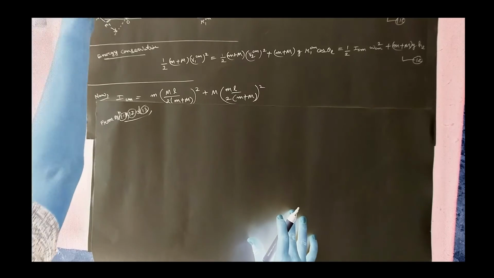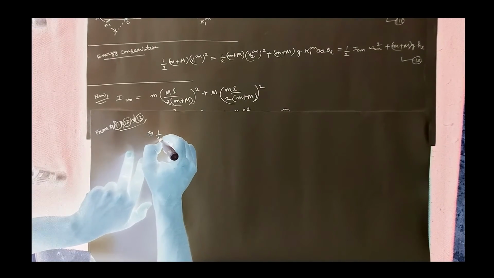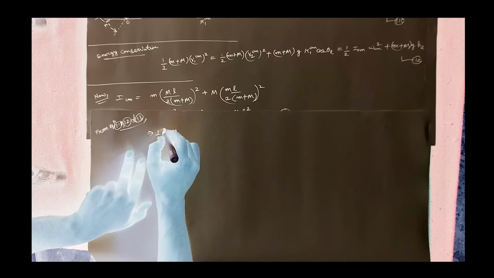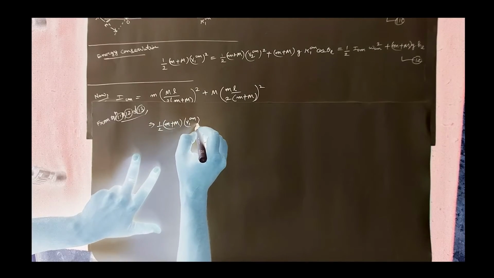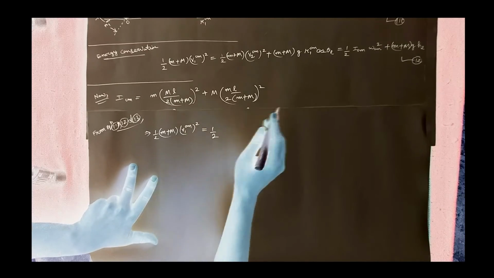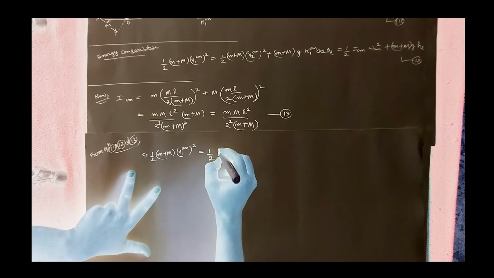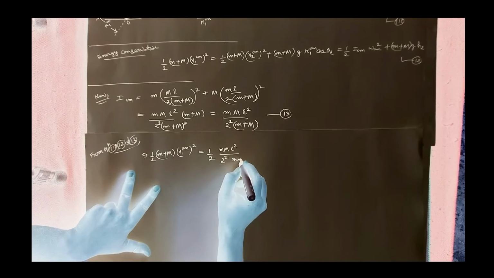How? Let us find out. So it will be half (m plus capital M) V1 cm square equals half ICM omega cm square, where the ICM value is capital M L square by 2 square, small m plus capital M.